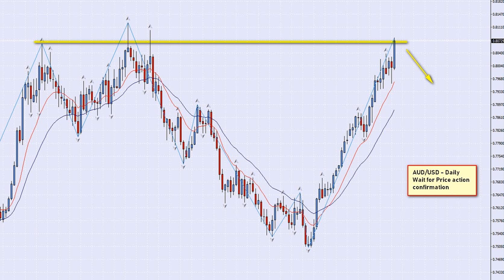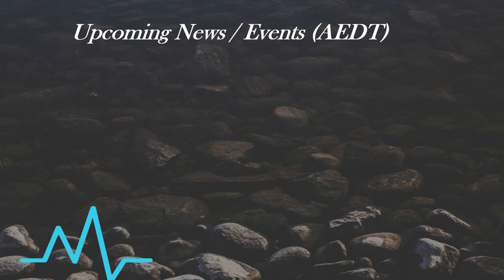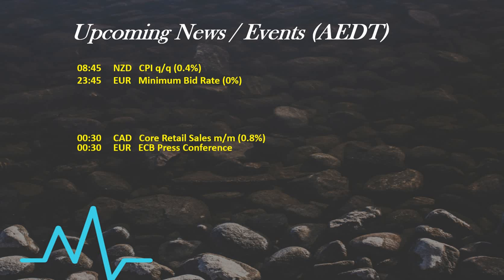Okay, so what's happening in the session which is just about to kick off? Early this morning at 8:45, some of you may already have missed this by the time you watch this recording, from New Zealand we have CPI numbers due. Then tonight at 11:45, we have the interest rate decision from Europe, the bid rate.